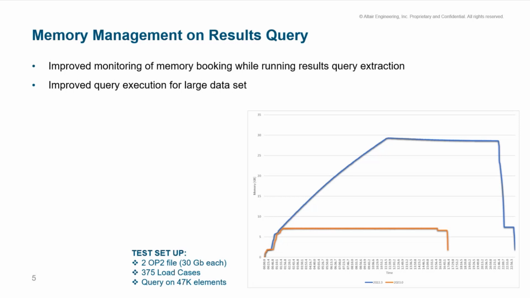In the 2022.3 release, the amount of memory requested by the process was piling up to almost 30 GB, and in other cases even more, making the application choke or crash because of memory unavailability. And the process, because of that, was taking, at least on my machine, around 23 minutes to run the complete process.